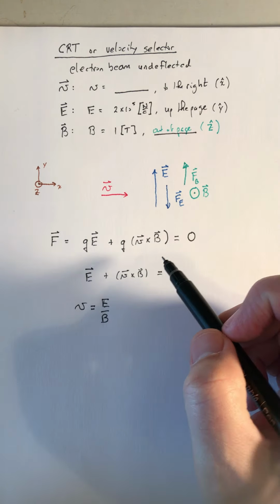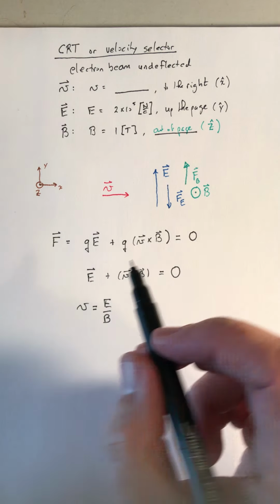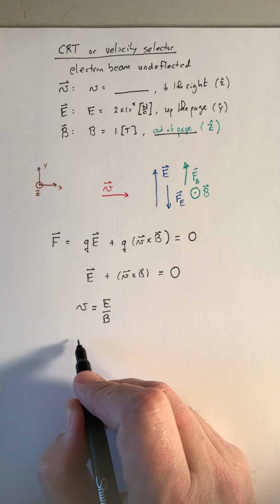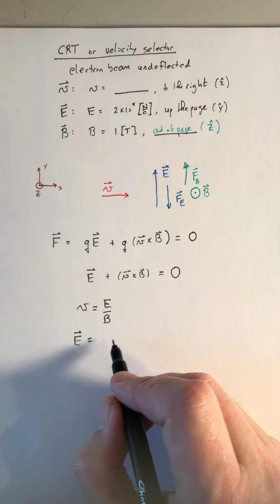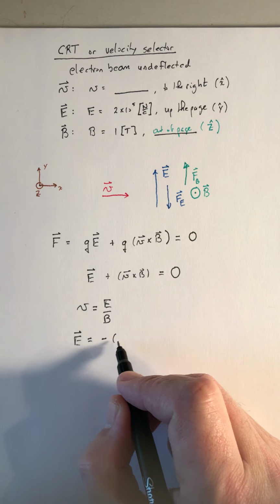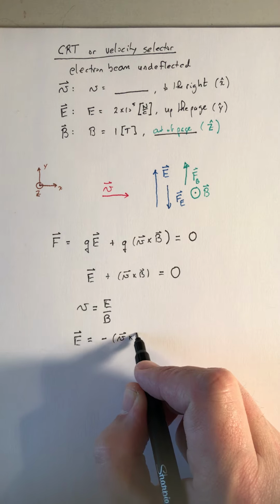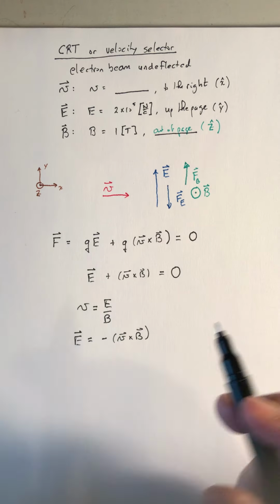So let's try to see how that's going to work out. So this equation is telling me that as a vector, E is going to be equal to minus V cross B.